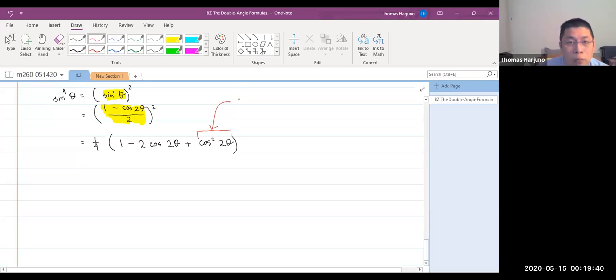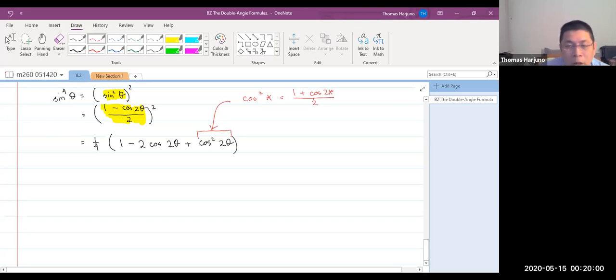Now we have a formula that cosine squared blah equals 1 plus cosine 2 blah over 2.